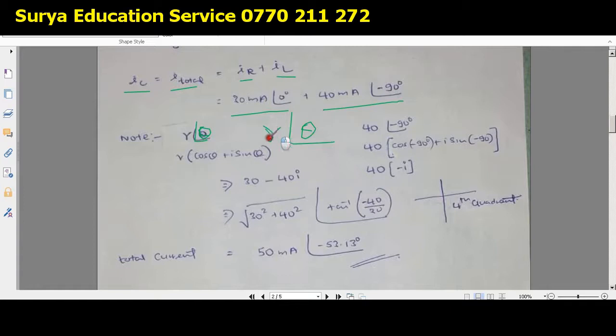This R symbolizes the modulus, the absolute value. So if any complex number is denoted by this R theta format, that means we can represent it by R times cos theta plus I sin theta, because this theta is the angular component. That is complex number basics.